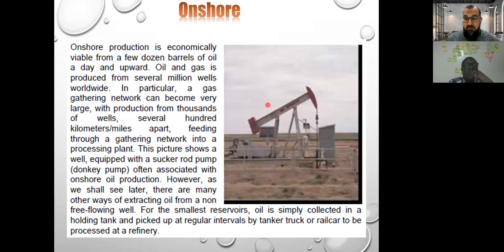The picture on the right screen shows a well equipped with a sucker rod pump. It is called a donkey pump, often associated with onshore oil production. So this is onshore oil production.